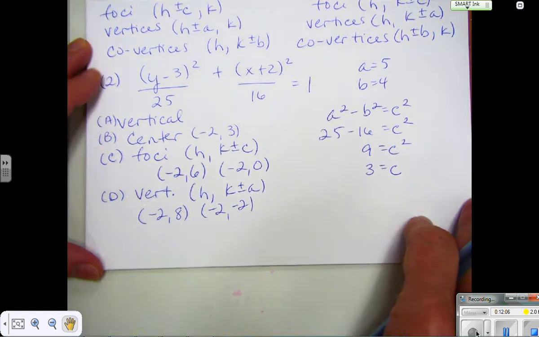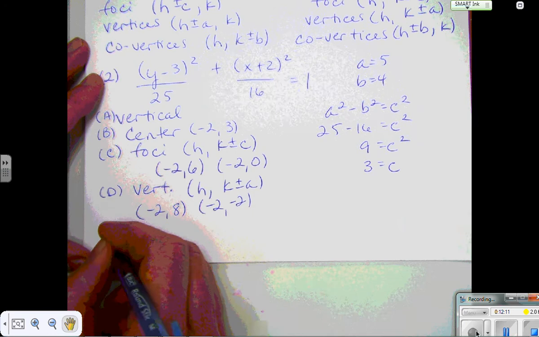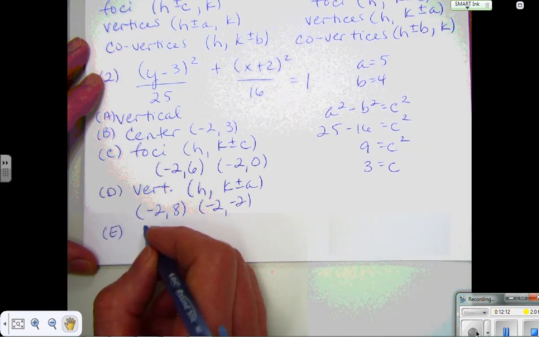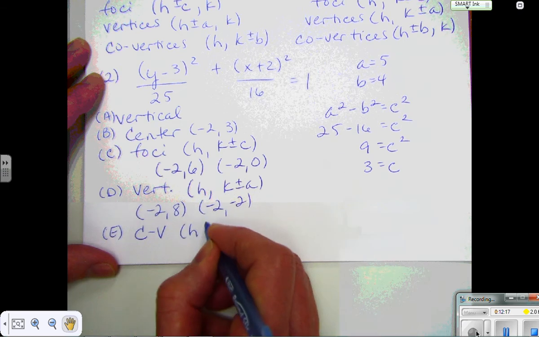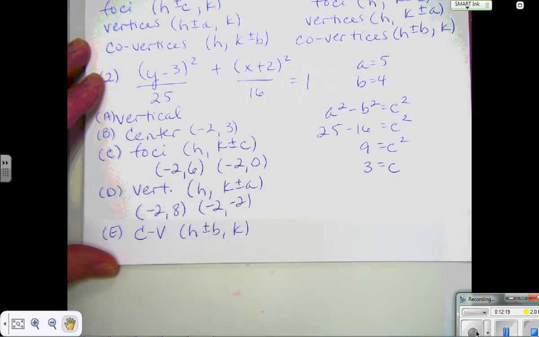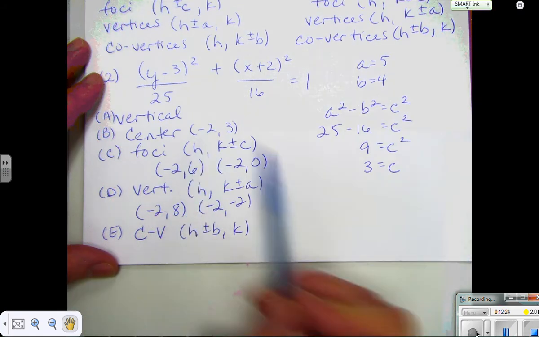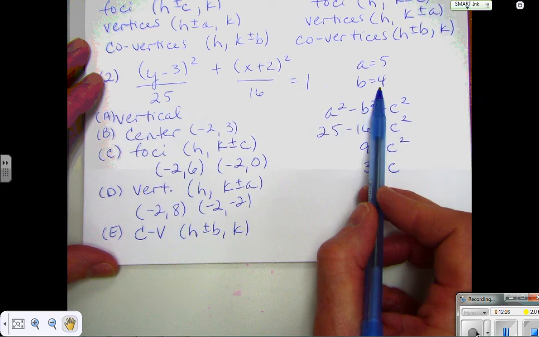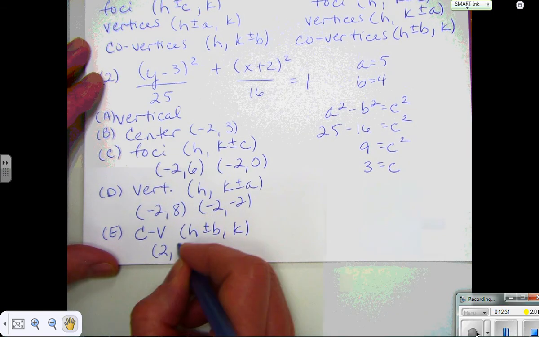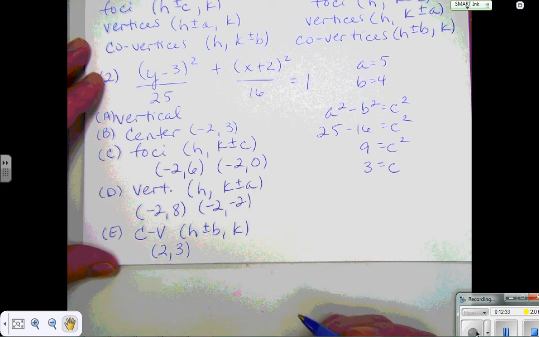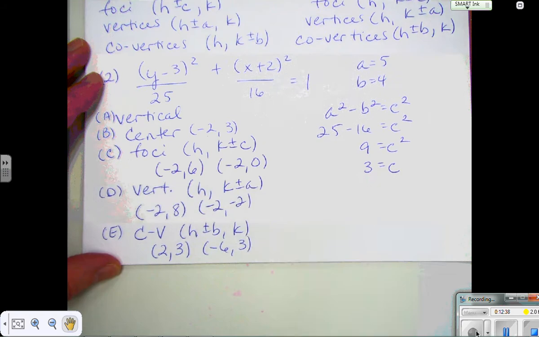And the last thing, or almost the last thing, the co-vertices. Co-vertices are h plus or minus b and the k value. h is -2, so -2 plus 4 is going to be +2, and k is 3. And -2 minus 4 is -6 and +3.